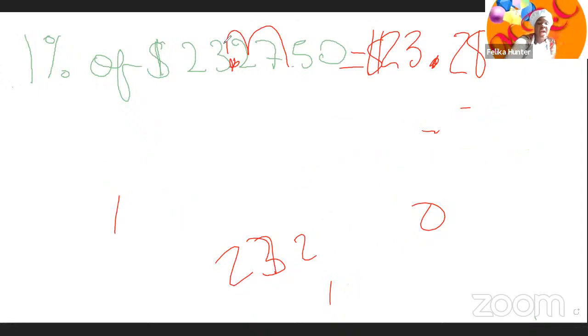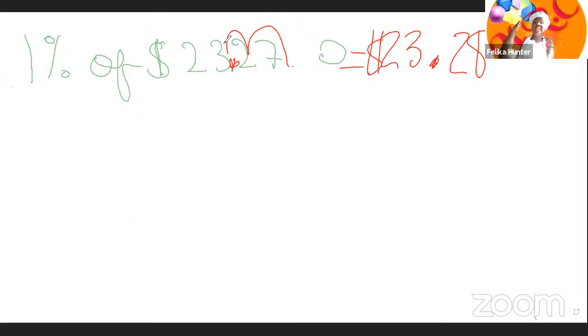I need you to know now, from today's date, that 1% means that you're going to be dividing the number by which number? What does 1% mean that I'm dividing by?